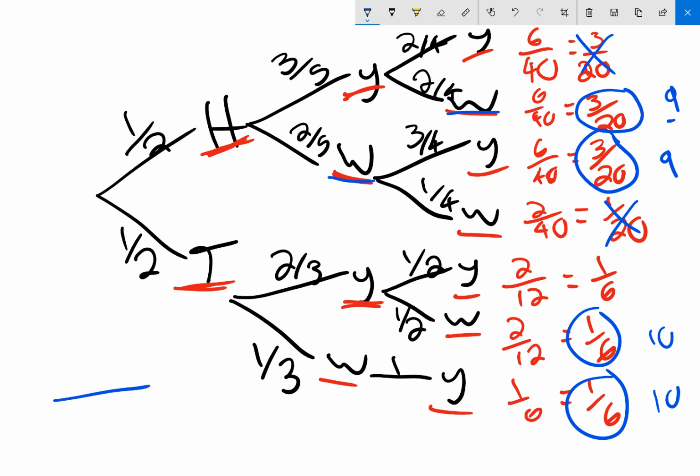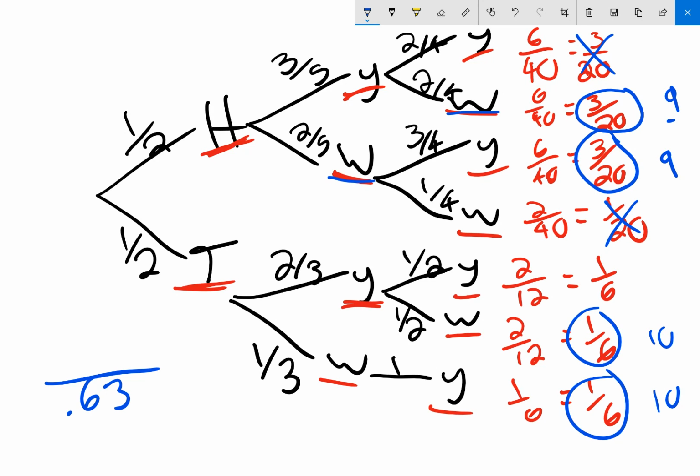So that would mean 9, 9, 10, and 10. That's 20, 18. So it'd be like 38 out of 60. Decimal-wise, if you add up those fractions together, you're going to get a probability value of 0.633. So that's the total probability of having exactly one white ball.